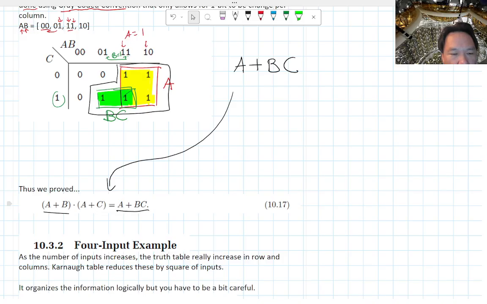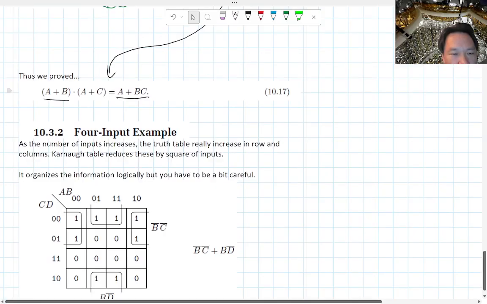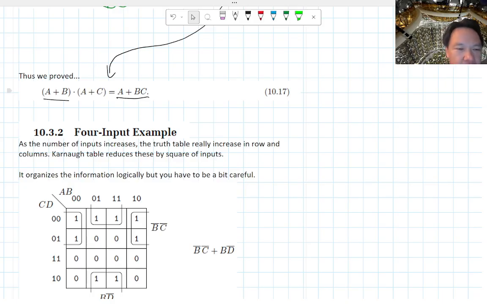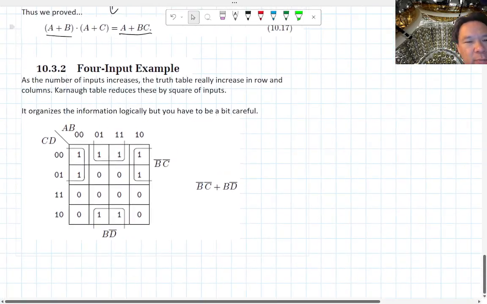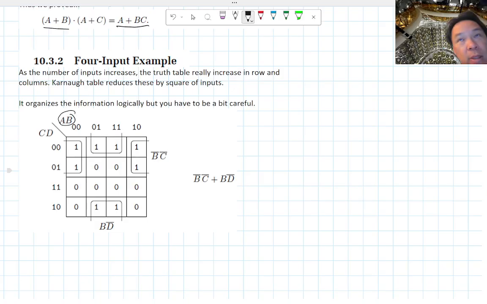This Karnaugh map gets more and more useful when you have more and more inputs, because it decreases the number of rows and columns in your truth table by a factor of the square root of whatever number you ended up with. For example, this 4 input map. You have A and B, and once again we're following the gray-coded convention: if you go 0, 0, you switch B first, then you switch A, and then you switch B back to 0.